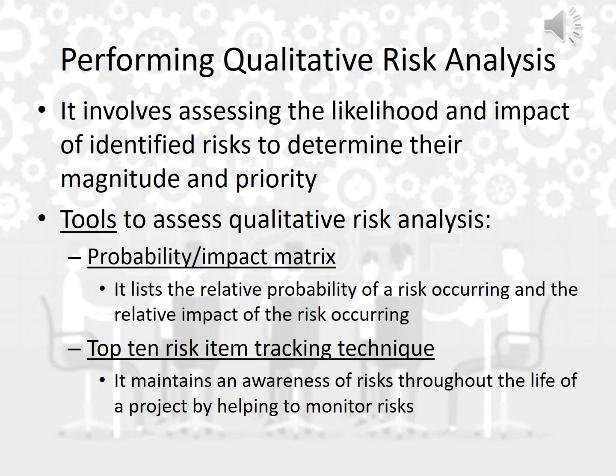The second tool is called the top 10 risk item tracking technique. That one is also a table, as I will show you in the coming slide, and that table will keep track of the top risks identified. They will do continuous review with the project management and with the customers, continuously reviewing these rankings and keeping track of them in order to have the priority and focus on them.